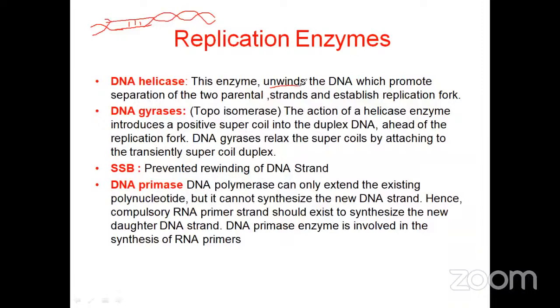Unwind DNA. That means it separates the two parental strands and establishes the replication fork. For example, this is one turn. If it is removed, a replication fork is formed like this. One turn removed, the rest the same.